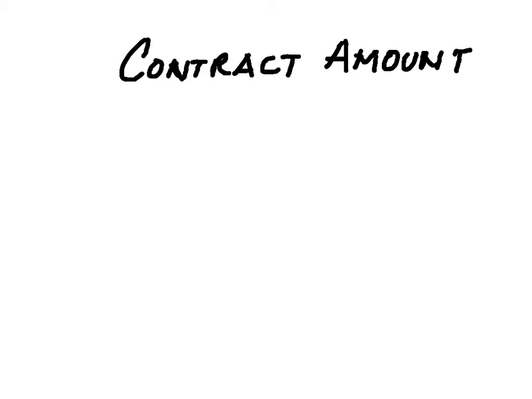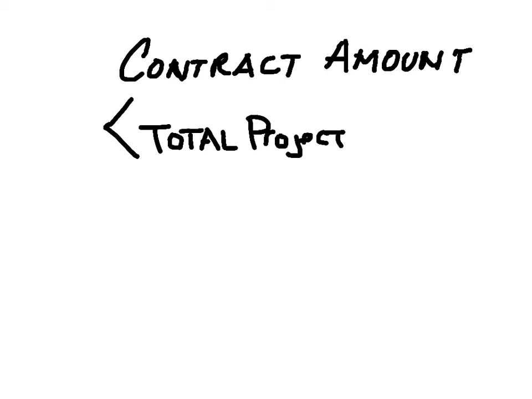There is a simple formula for determining the gross profitability of a project. That is, the contract amount minus the total project cost. Total project cost would include all labor, material, subcontracts, equipment, and so on.